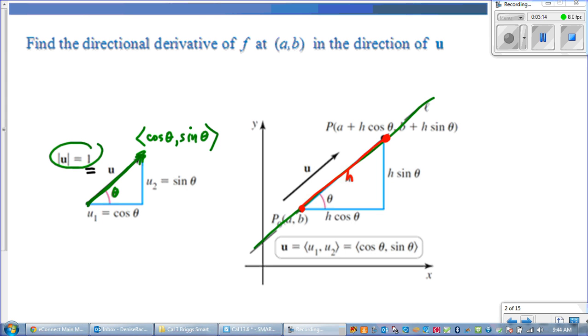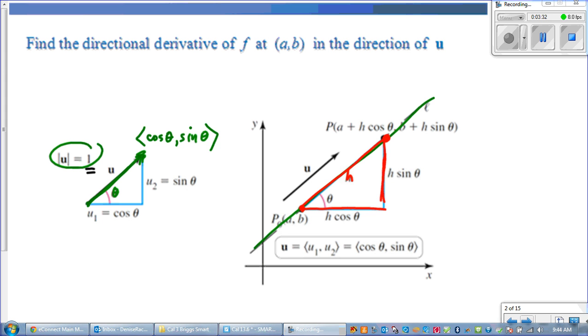Now if we move a distance h from P naught, which is (a, b), this horizontal distance will be h times cosine of theta. This vertical distance will be h times sine of theta.